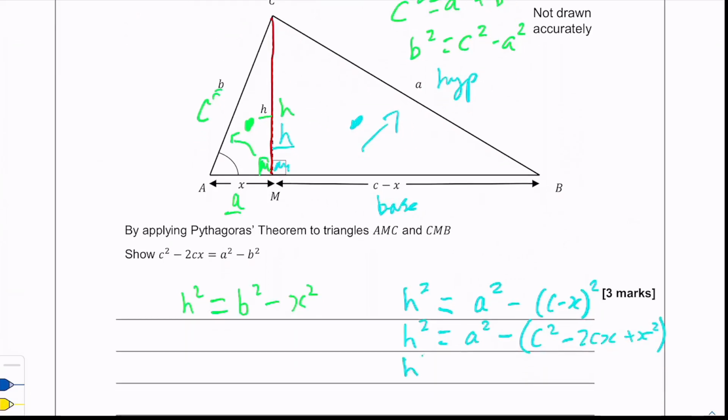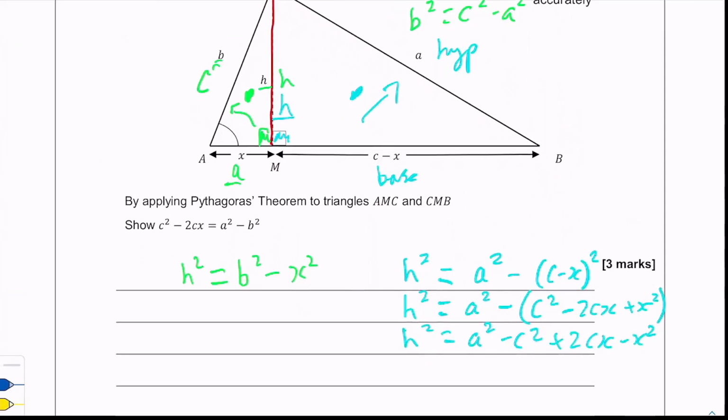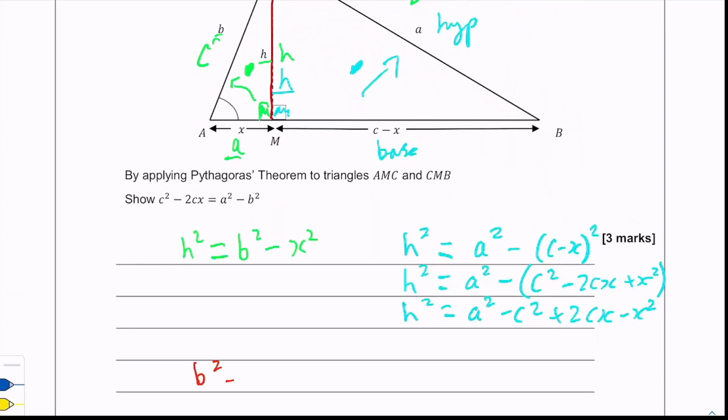Okay, let's now account for the negative sign, so that's why I put the brackets in, because we have this negative sign to deal with. So A squared, and then we've got take away C squared plus 2CX, and then we've got take away X squared. Okay, so we've got H squared is equal to this, and we've got H squared is equal to this. So now we can combine the two expressions, because we can say that B squared take away X squared from up here is equal to A squared take away C squared plus 2CX take away X squared.